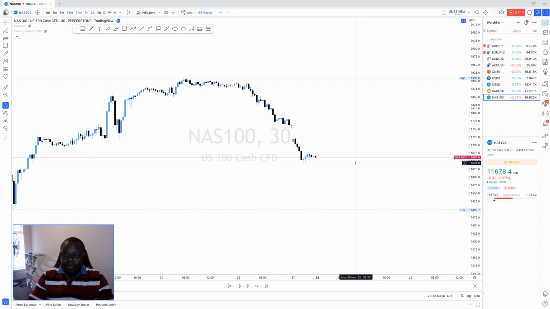Where price is headed is determined by whether at that point in time we have a lot of sellers, or a lot of buyers, or the same equal amount of people selling and buying.